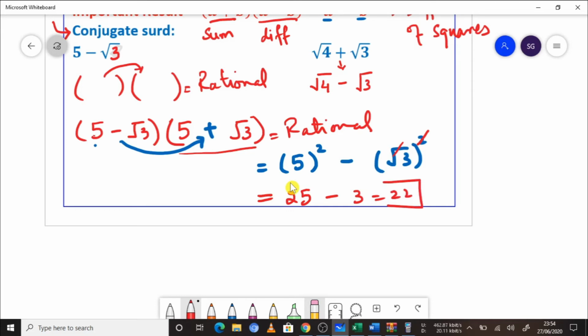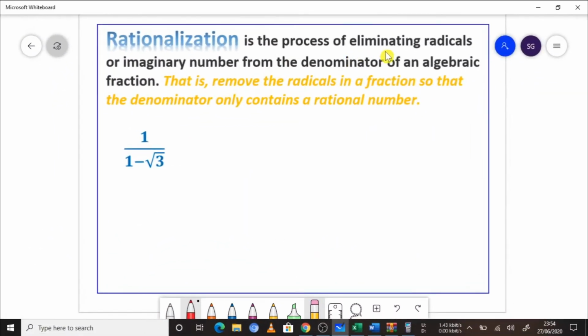You can see that we identified such a surd, this surd, that when we multiply it with the original one, our answer is a rational number, and hence we call it the rationalization method. Rationalization is a process of eliminating radicals or imaginary numbers from the denominator of an algebraic fraction.